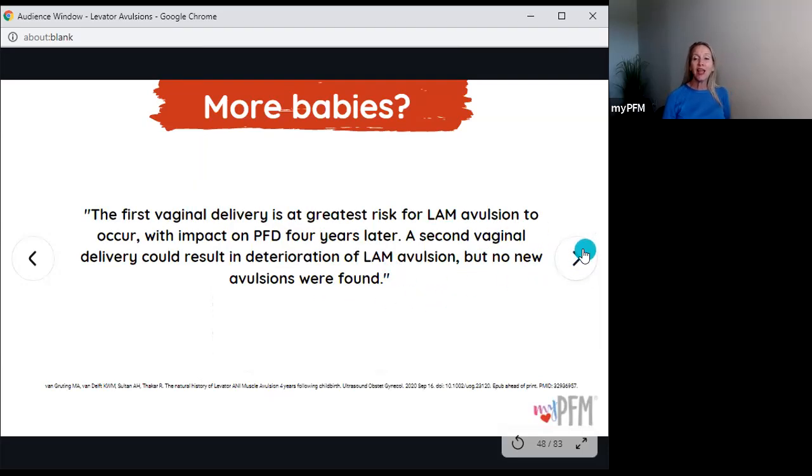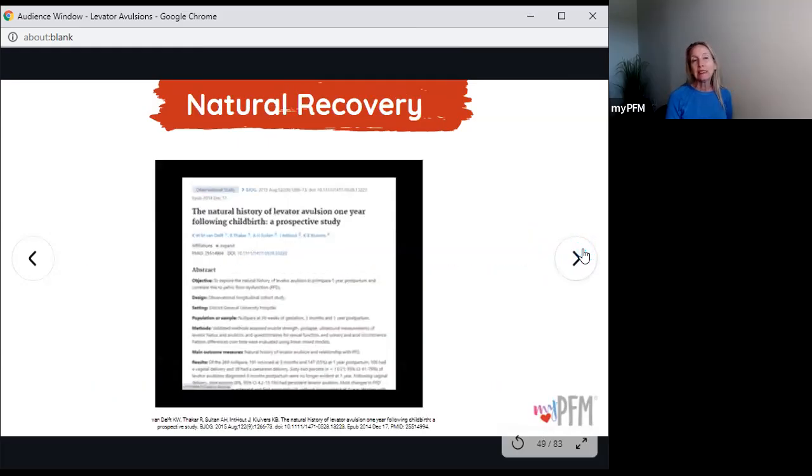So I think the takeaway here is talk to your birth provider and really understand your anatomy and what's going on, or if you're a provider, understand what's going on with your patients. And I would honestly look at some of those risk factors, and also what was their stage?